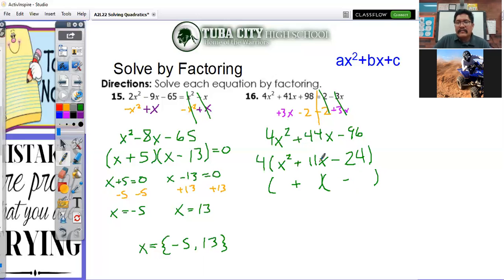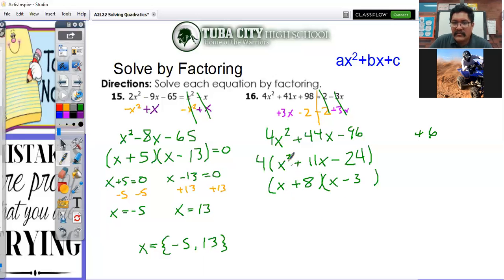So I need two numbers that if I subtract one from the other, I get 11. So we could try 4 times 6, but we can't really minus it, so that's not going to work. So let's try 8 and 3. And let's see if this works out.